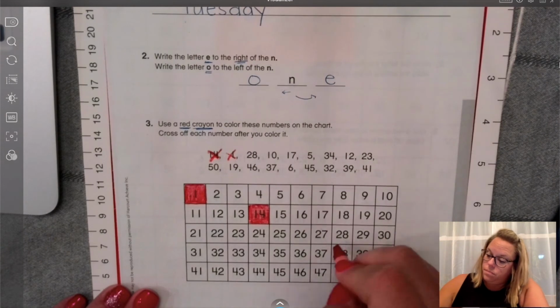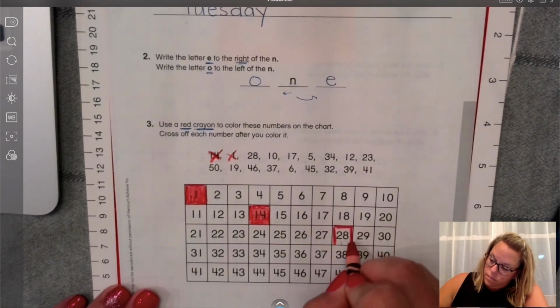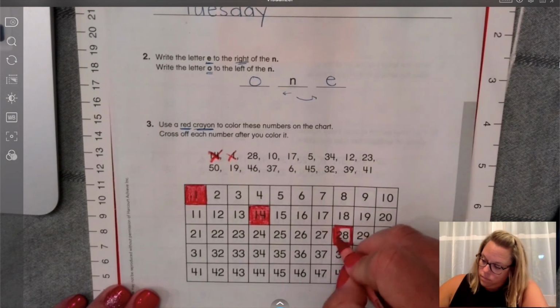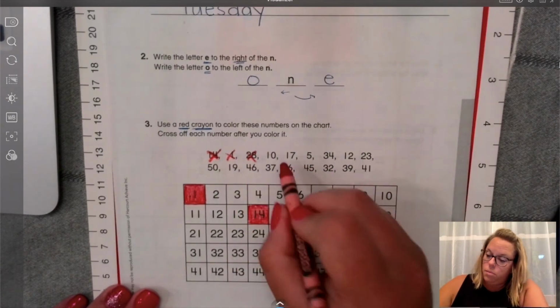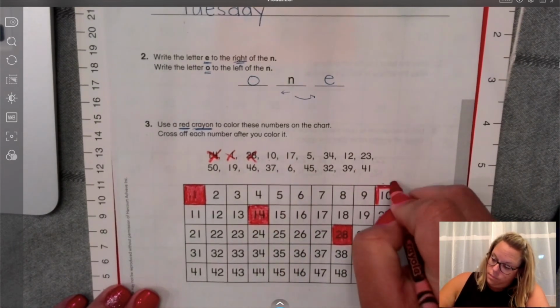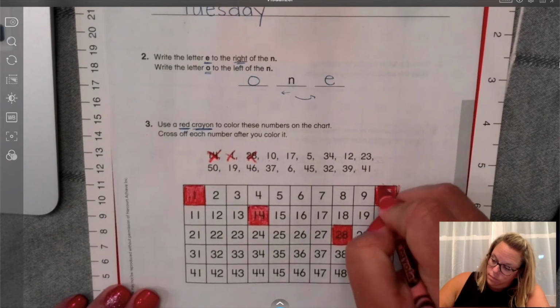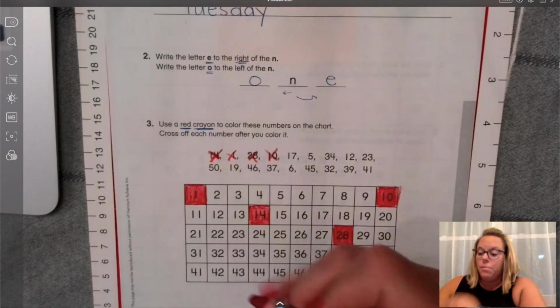28. Here's 28. Cross it off. Number 10. You want to make sure you stay in your box so that you're not going into a different box.